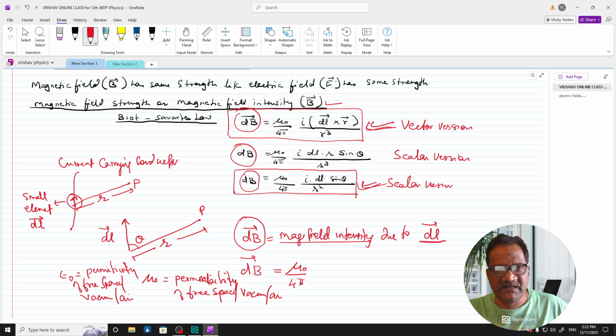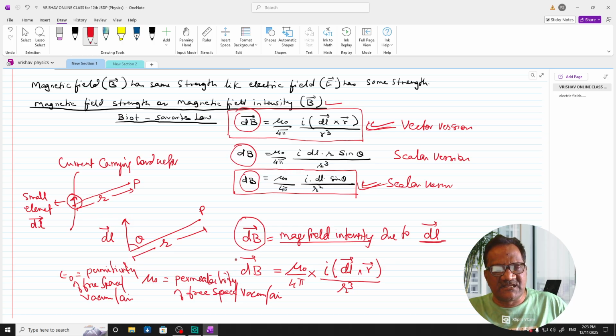So that is mu naught divided by 4 pi times I, which is the current flowing through this small element dl, times dl cross r. Now this is a cross product of dl and r, divided by r cube. r is the distance between this point P and the small element dl.